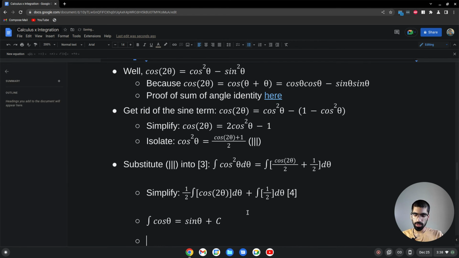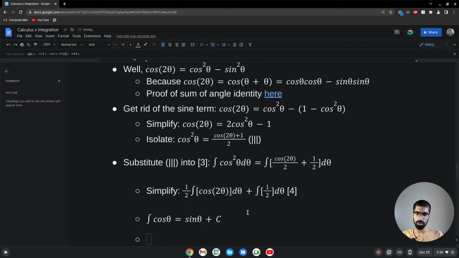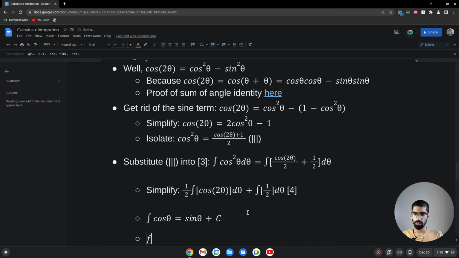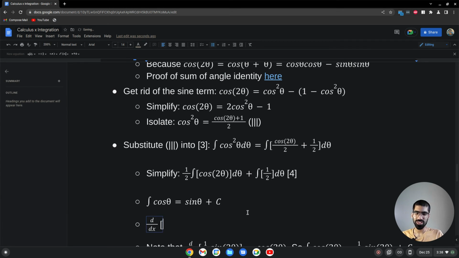Well, the reason that's true is, and this is a circular definition obviously, if you don't know why the derivative is the way it is, then there's no point. But if you do, then if you take the derivative of sine theta plus c, what do you get? You get cos theta.